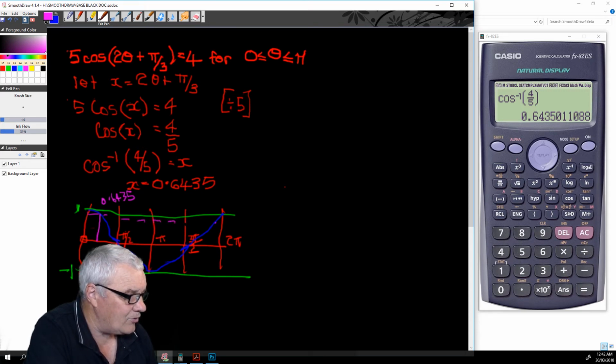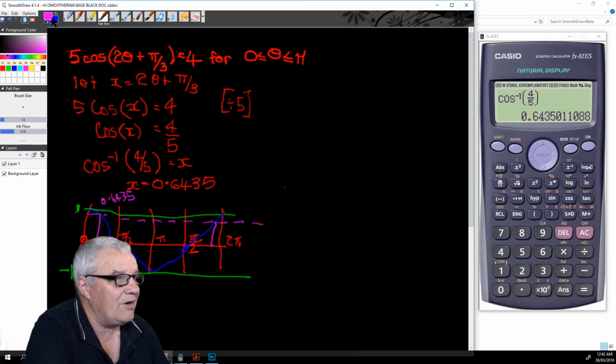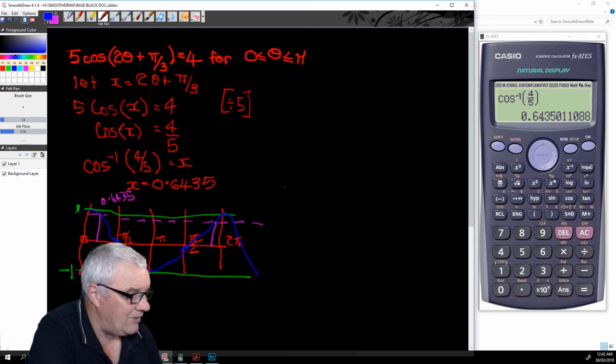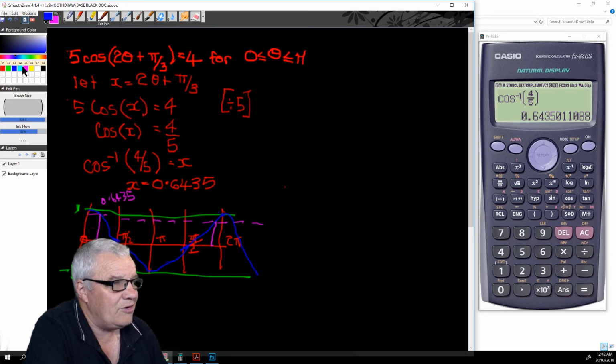Not very good to scale, but as you can see, the graph continues on around here, and so there'll be another solution.